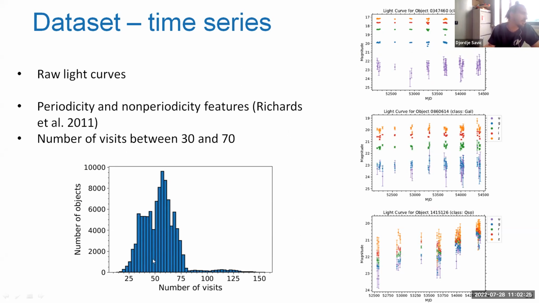Most of the light curves have a number of visits between 30 and 70. There are also a few highly sampled light curves, but overall, 50 points is not enough for incorporating more advanced techniques in the model, so we rely simply on the time domain features that we extract.